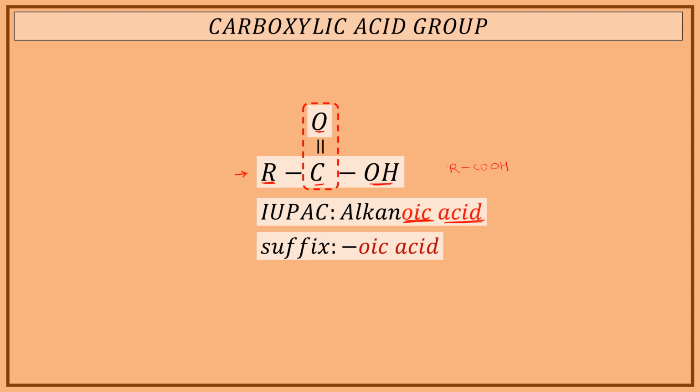Let us see some examples and understand this rule better, and also we would like to add a note that carboxylic acid, just like aldehyde, is always a chain terminating group. It always comes at the end of a chain. Okay, so now let us see some examples.